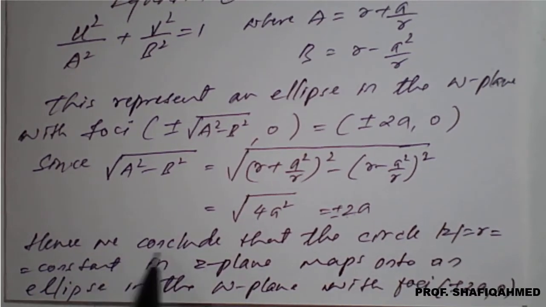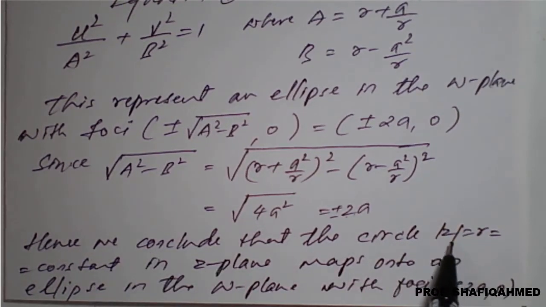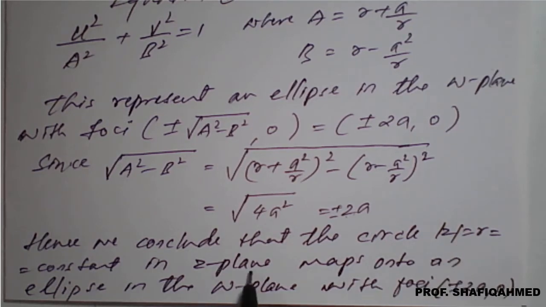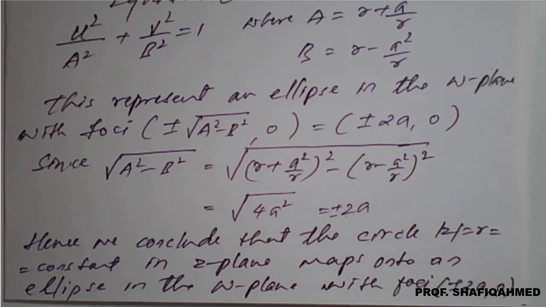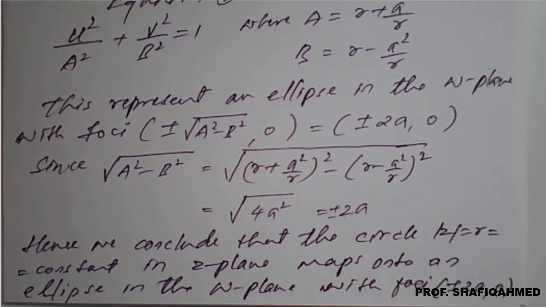So hence we conclude that mod z, where we have taken r equal to constant, in the z plane maps onto an ellipse in the w plane. So circle is mapping to an ellipse.